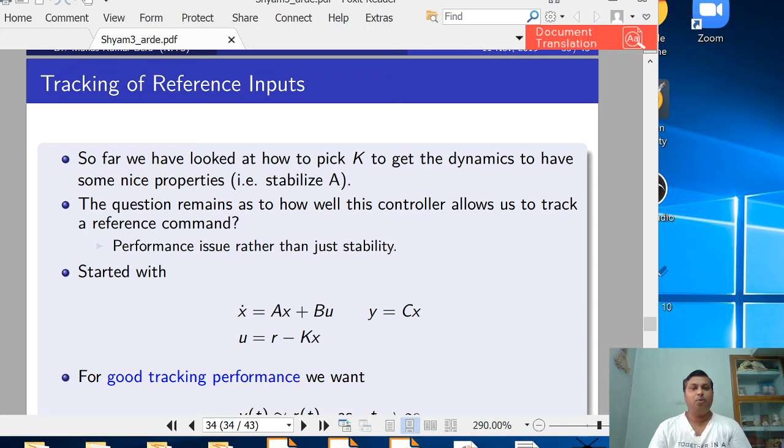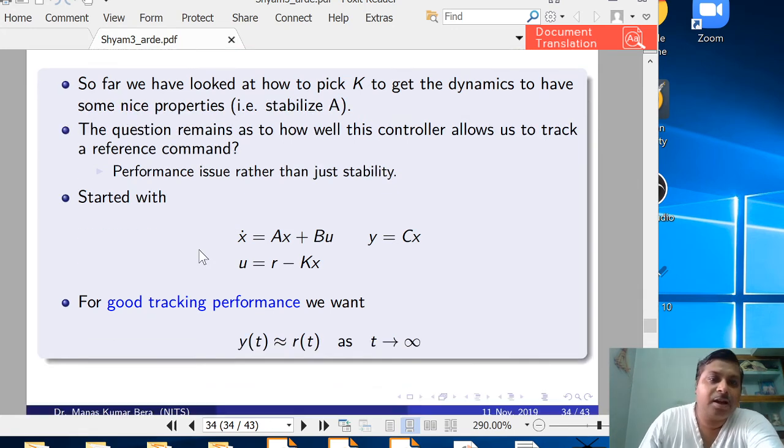Means if I want to design a controller which will not only stabilize the system, but also give a performance such that the system is able to track a given reference command. To understand that, let us start with the system x dot equals Ax plus Bu, y equals Cx, and understand what is meant by tracking a reference command.